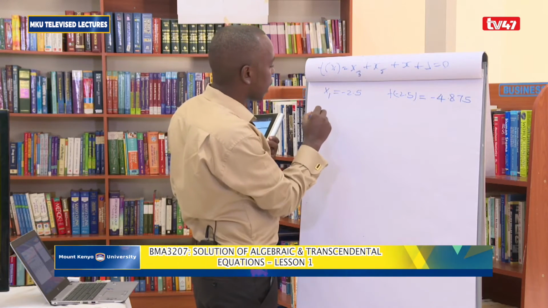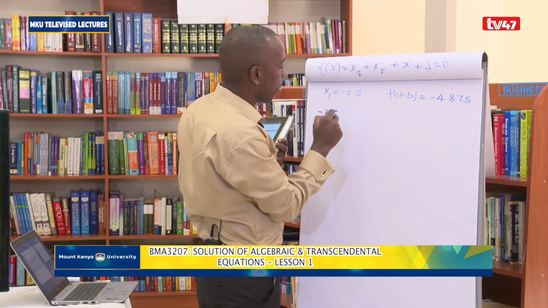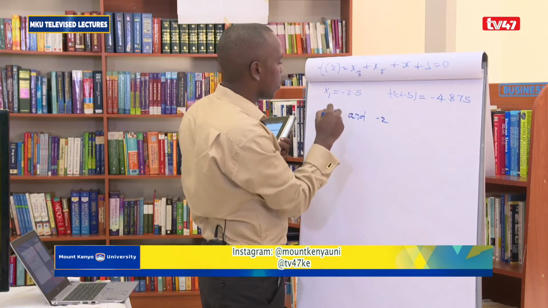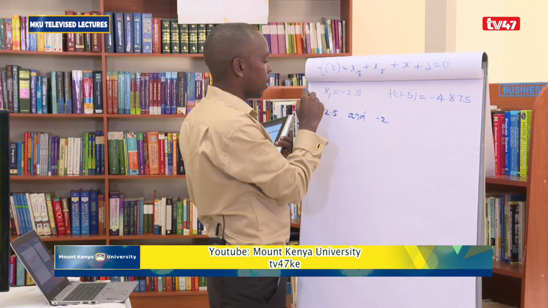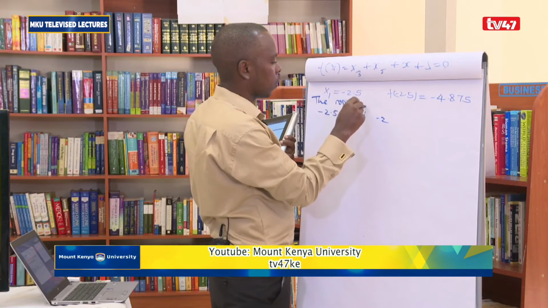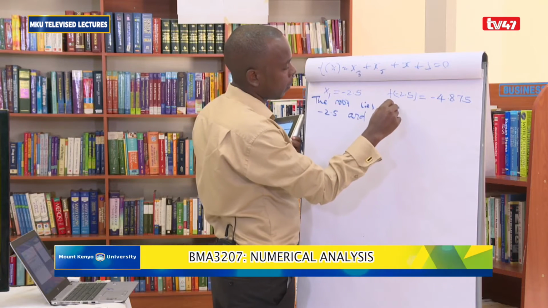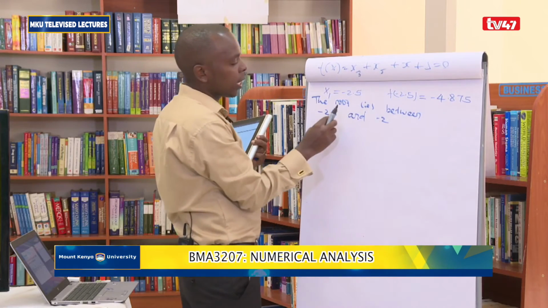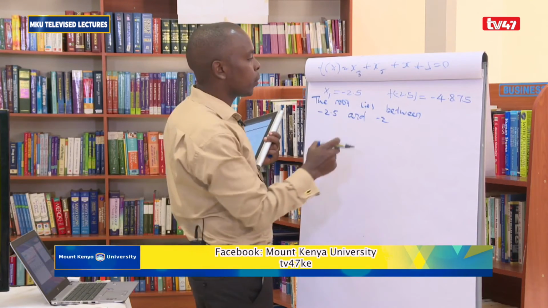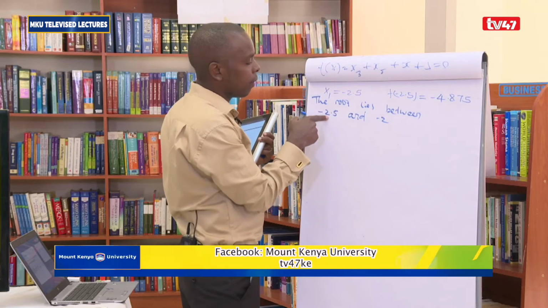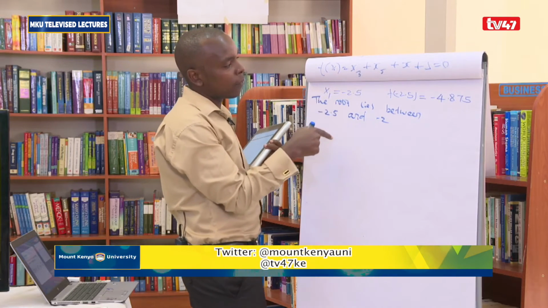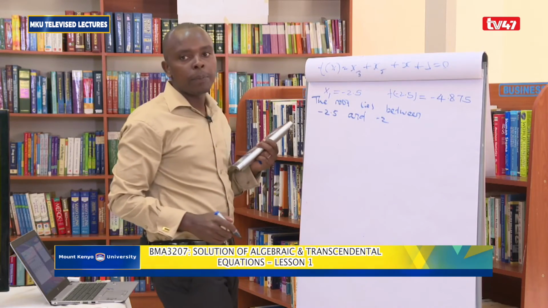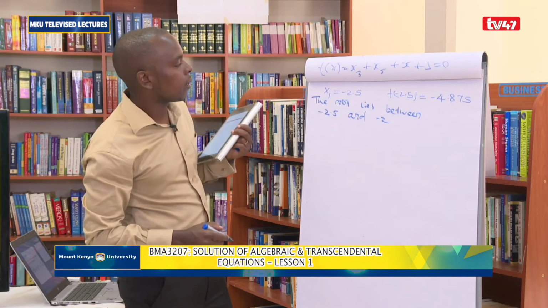So we have negative 2.5 and negative 2. This is where our root lies. The root lies between negative 2.5 and negative 2, because f of negative 2.5 has given us negative 4.875, and f of negative 2 has given us 1.